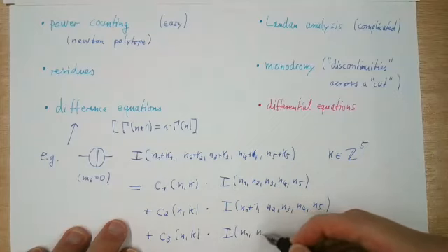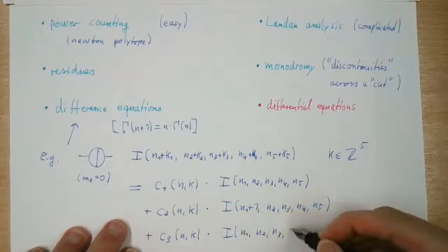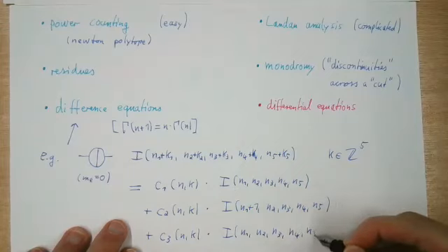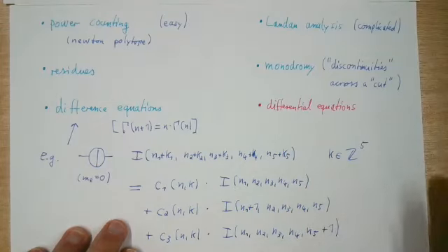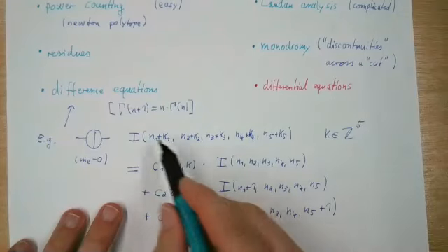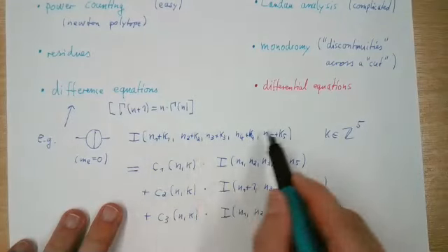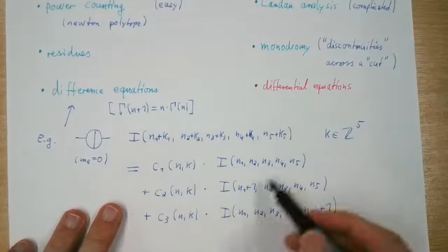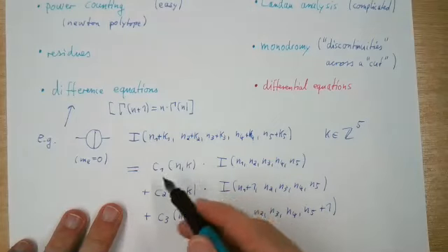I think the last one works. So this is one possible choice, and that's it. It means no matter what shifts you choose, you can always write all of these shifted terms as a linear combination of these 3 with some rational prefactors.